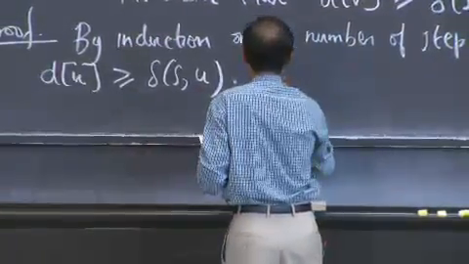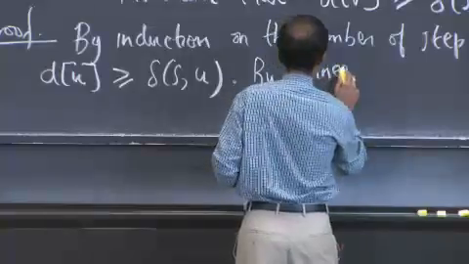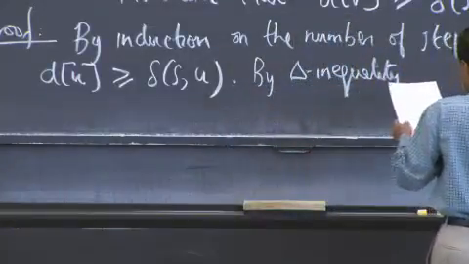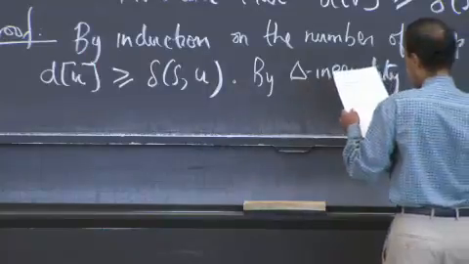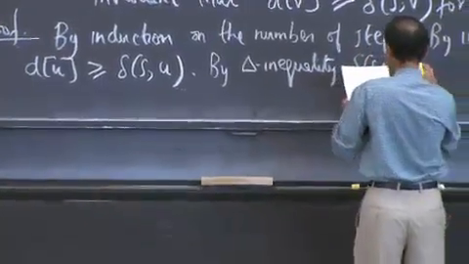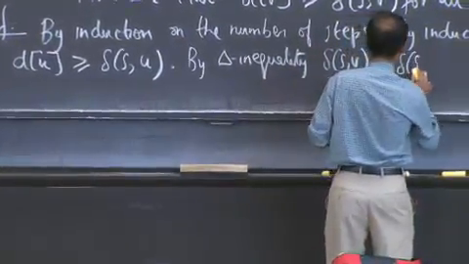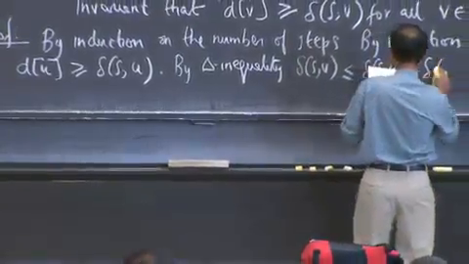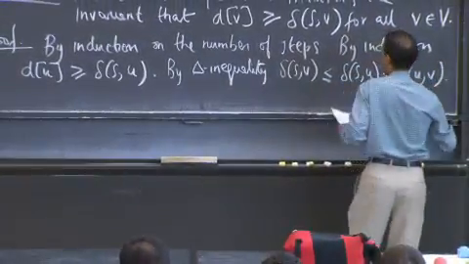Now we can say by the triangle inequality that I talked about late in last week's lecture, you have delta SV less than or equal to delta S comma U plus delta U comma V. And what is that?